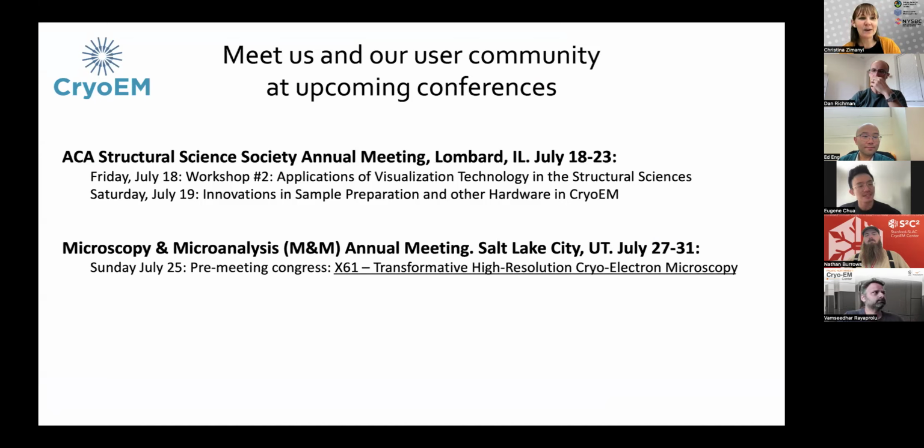In addition, there's a pre-meeting congress at the M&M meeting where we hope to meet with a bunch of our users and discuss what's going on with the transformative high resolution cryo-electron microscopy program. So we hope we see some of you in person there.